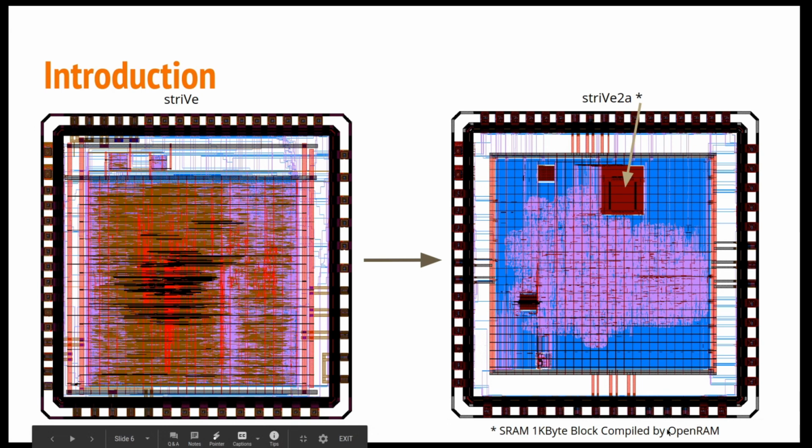This one uses a 1 kilobyte block SRAM, which was compiled by OpenRAM. And as you can see, the top level layout looks much cleaner. The power routes are much more regular. The signal routes are mostly straight lines as compared to all sorts of interesting things going on at the top of the first Striv chip.